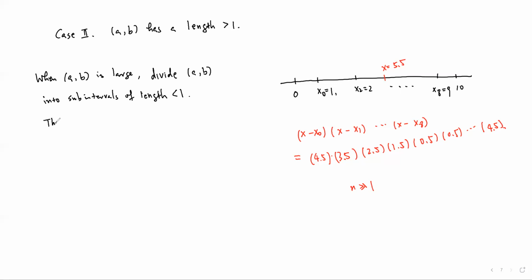Divide this interval into subintervals, then construct one interpolation polynomial over each subinterval. We have many interpolation polynomials now, each over one subinterval.